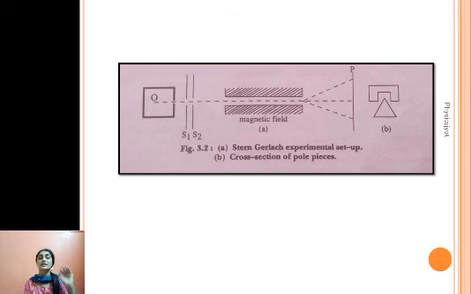This non-uniform magnetic field is produced with the help of these kinds of pole pieces of the magnet. Here you can see one pole piece of a magnet is in the form of a triangle, another pole piece has such a geometry, and then there is a photographic plate where we will be seeing the trace of silver atoms.